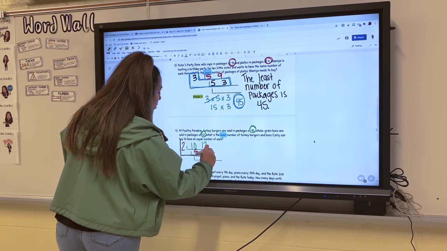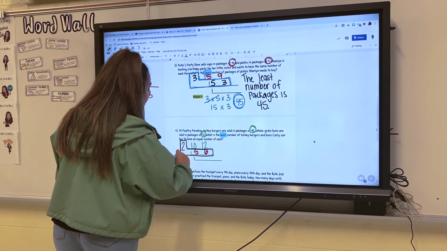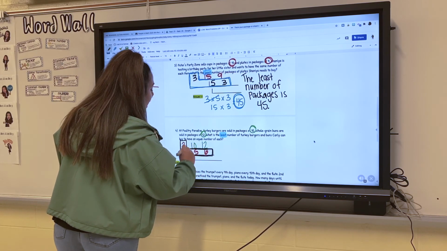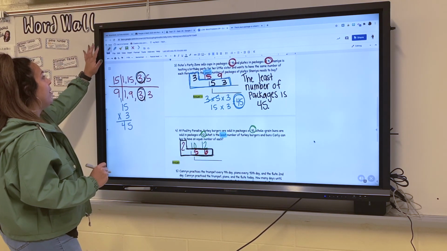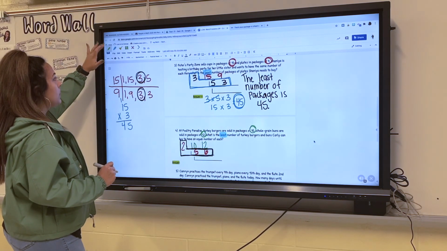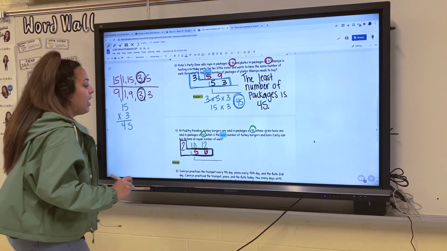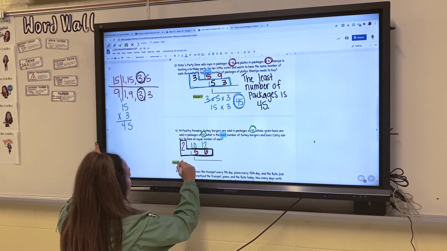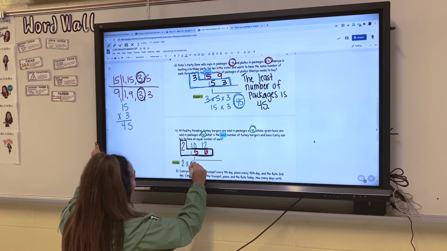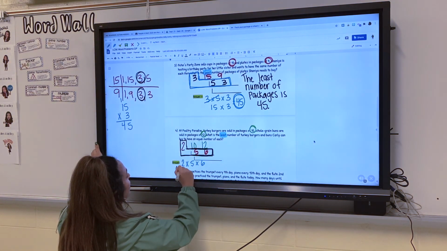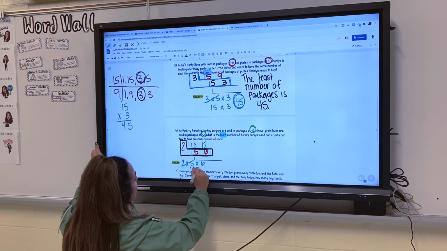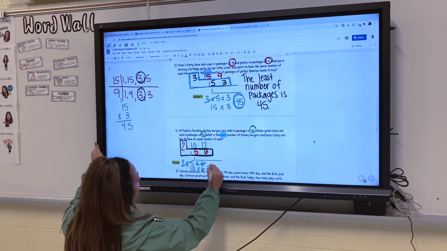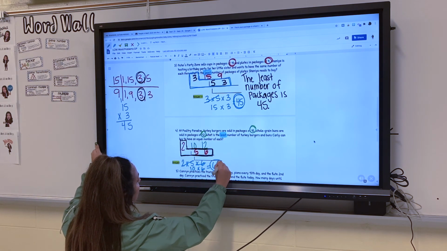Draw my L around the numbers on the side and the numbers in the last row of my ladder. And then I'm going to multiply. We have 2 times 5 times 6. 2 times 5 is 10, and then 10 times 6 equals 60.